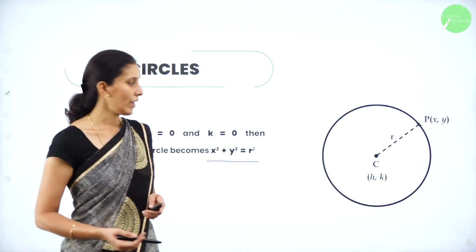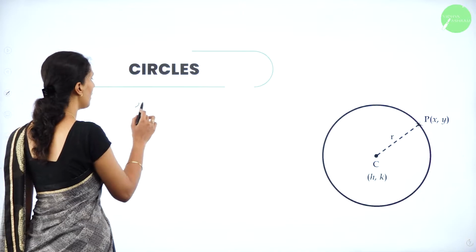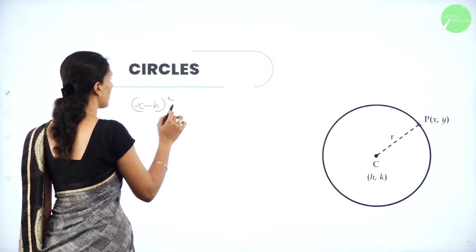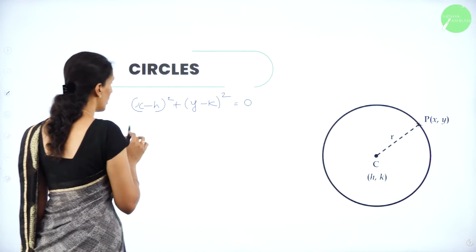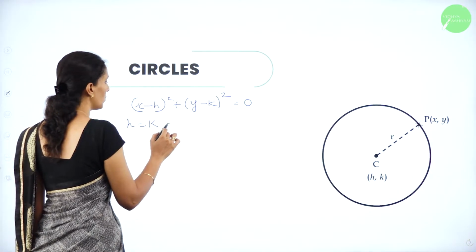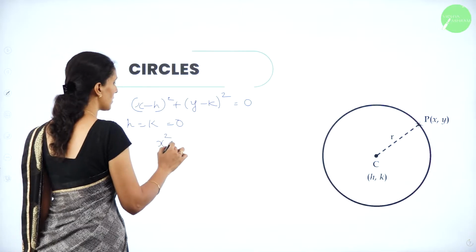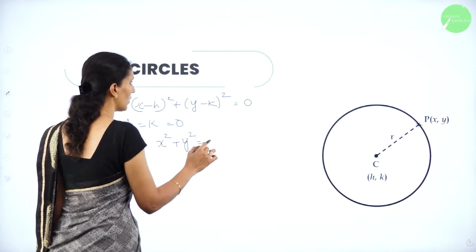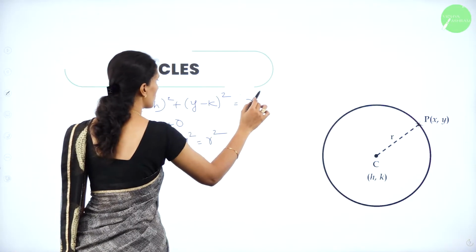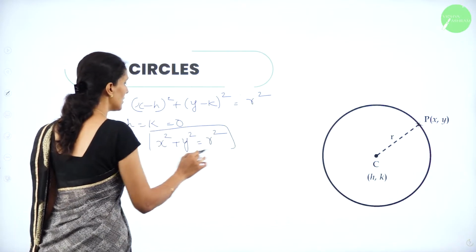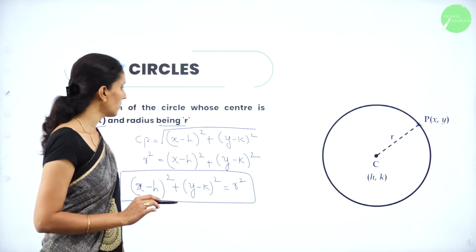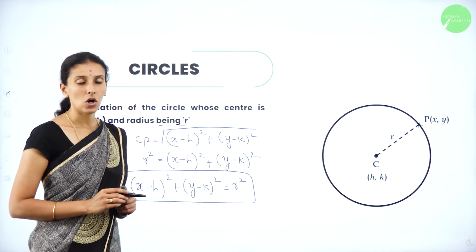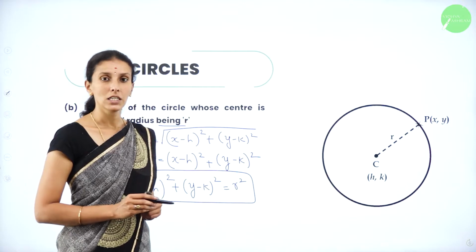You can also verify it: we have (x minus h) whole square plus (y minus k) whole square is equal to r square. If you put h and k value 0 here, this becomes x square plus y square is equal to r square. So, this is the general equation of the circle with origin as a center. Therefore, this equation is called the standard equation of the circle.